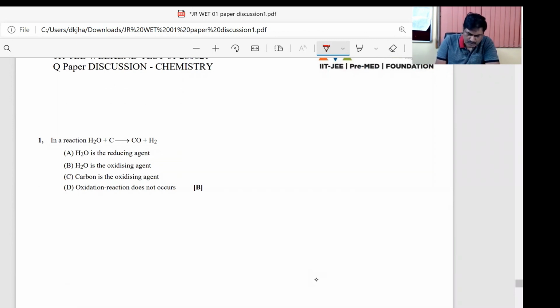In a reaction, H2O plus C gives CO plus H2, right? C in its native form, its oxidation number is 0. In CO, the oxidation number is plus 2, because oxygen is minus 2 already, you know. H2 in its native form is 0, but here in H2O it is plus 1.